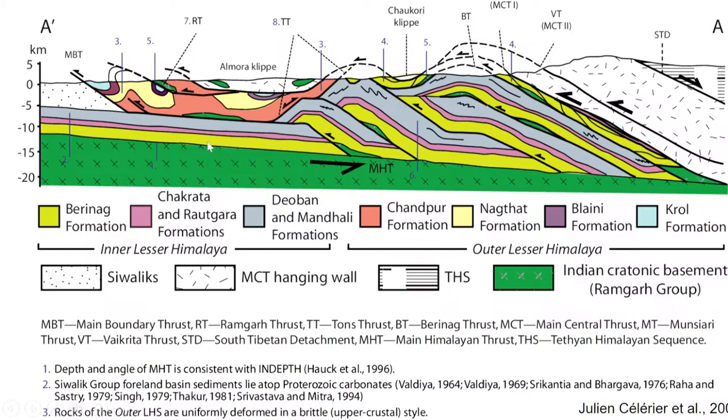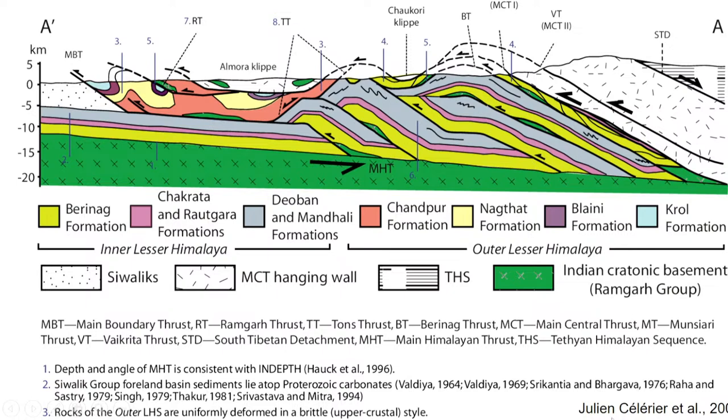So this is basically the cross section of the Himalaya, starting from maybe the HFT here, then the MBT, then the MCT, the Almora Klippe, the Vakrata thrust, and the Munsiari thrust, all overriding on this Indian plate. And this is the MHT.